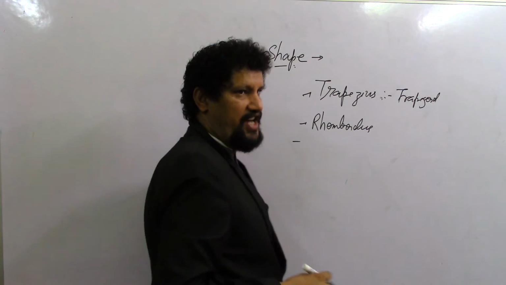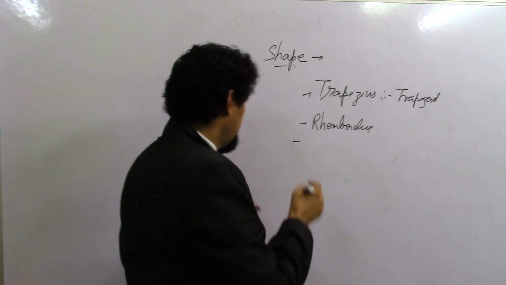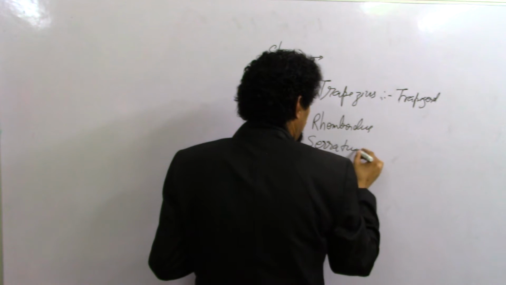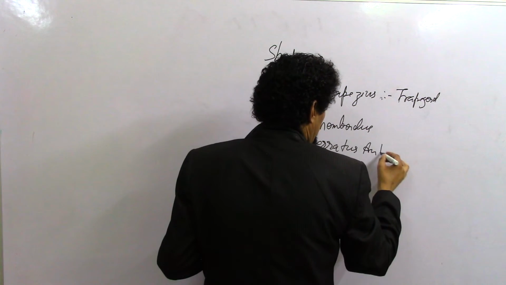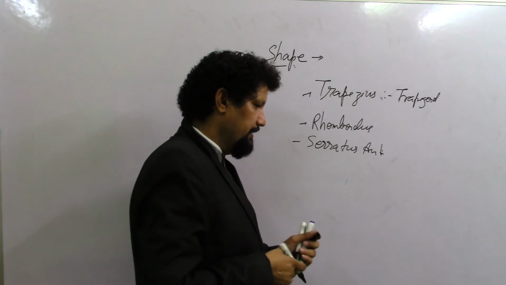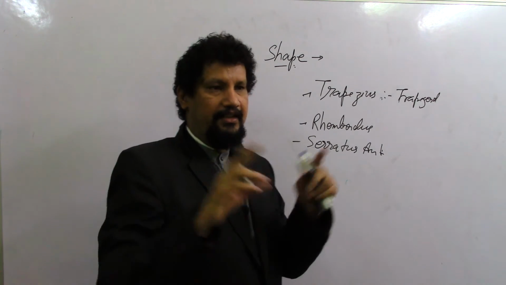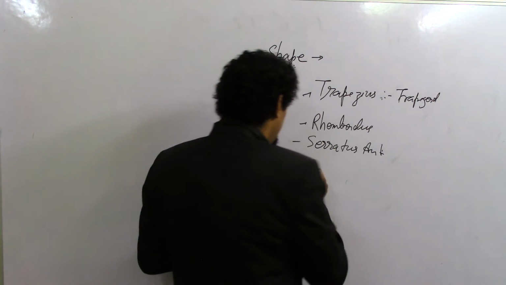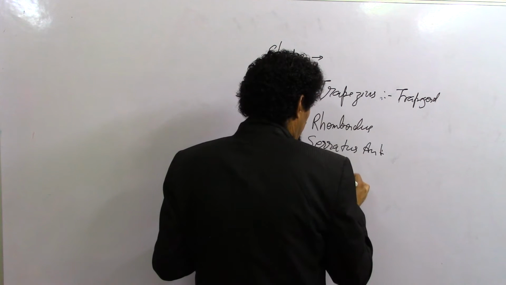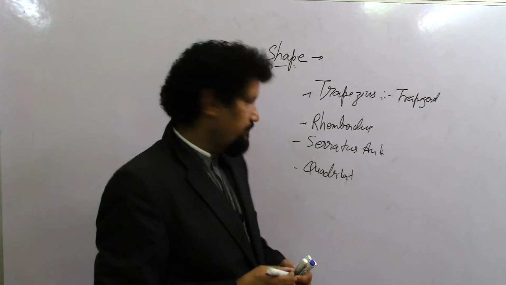When it has a jagged shape, with serrations, it is known as serratus anterior. When the muscle is quadrilateral, it is known as quadratus.